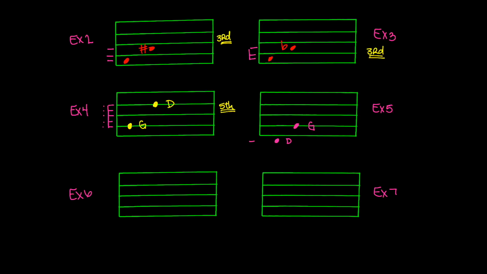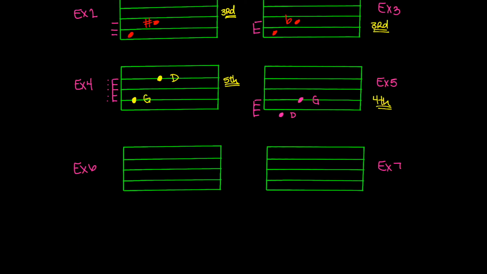I know it's hard to see, but there's a space there. Then line, space, line. So there are 4 elements here, so we're going to call this a fourth. Now that's interesting: G to D was a fifth, and D to G is a fourth.